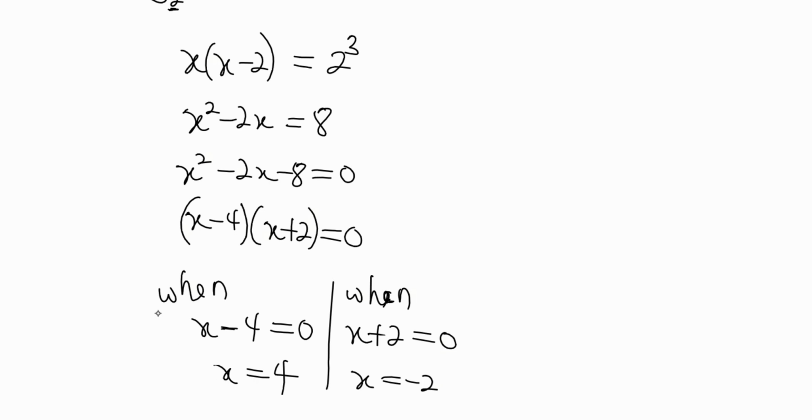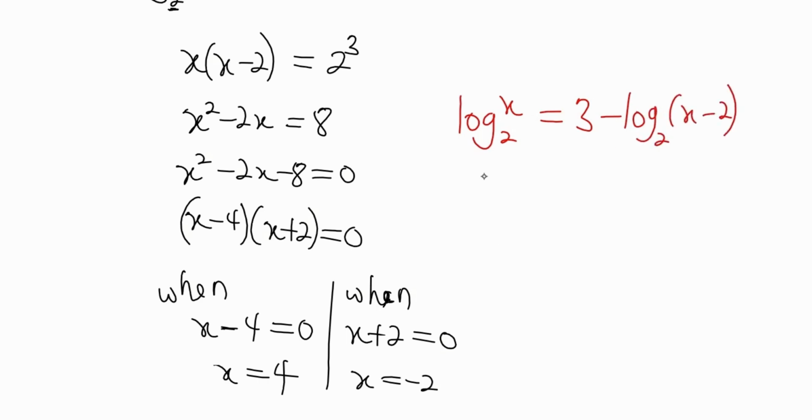Now remember in logarithms that we said the logarithm of a negative number does not exist. So if you are looking for the value of x, then x should not be negative, because the question was giving us the logarithm of x base 2 equal to 3 minus the logarithm of x minus 2 base 2.